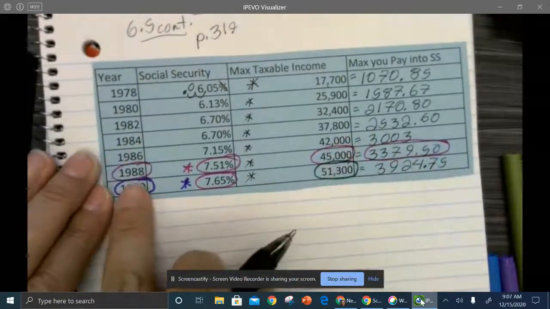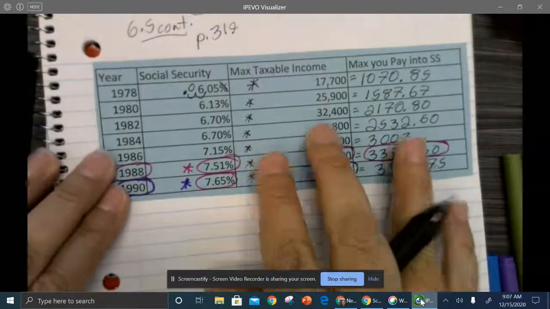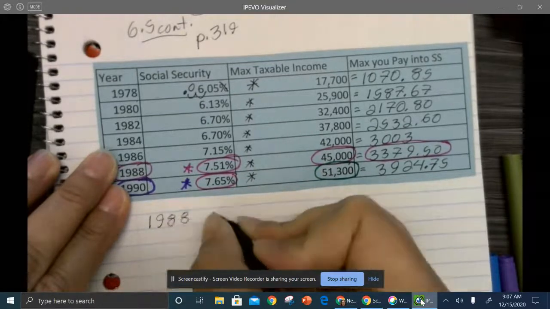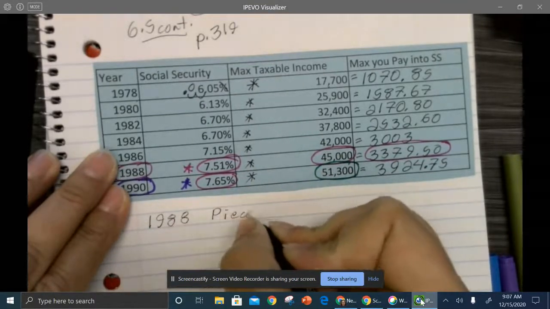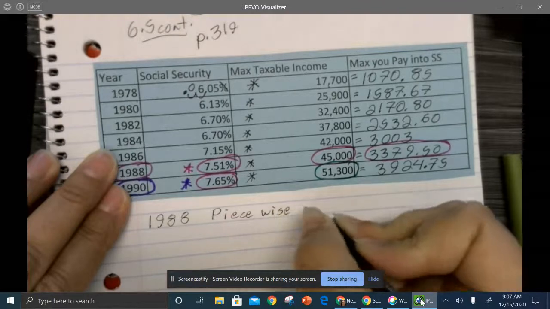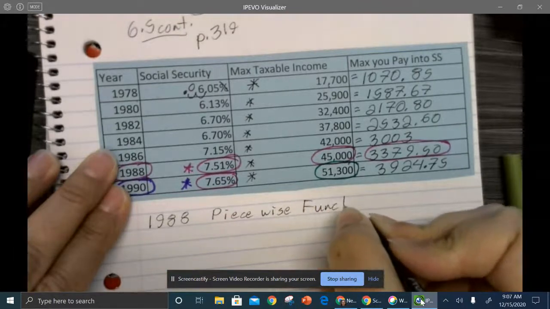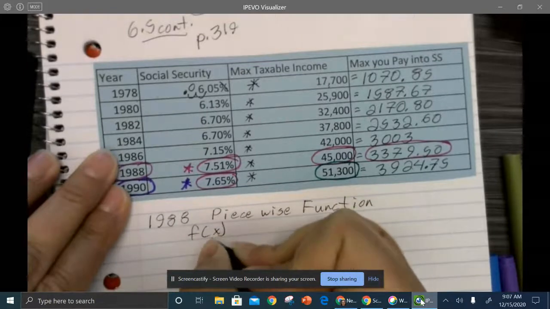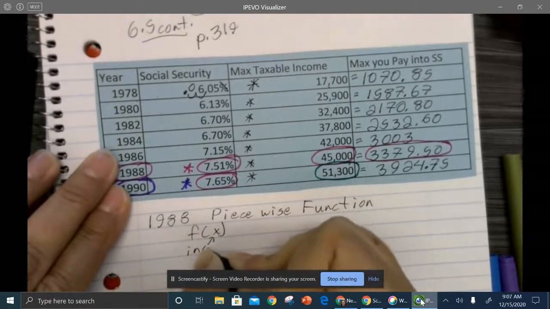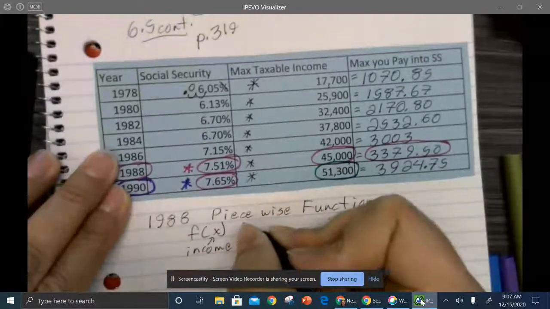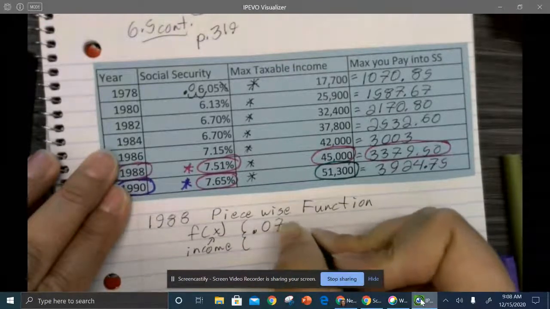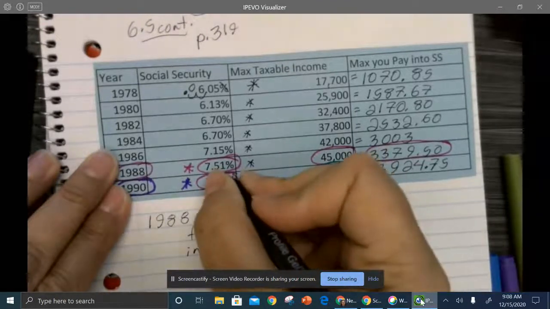So if we look at 1998 and we wanted to write a piecewise function for it, okay, so f of x, that's the income. 0.0761, so that's the percentage.